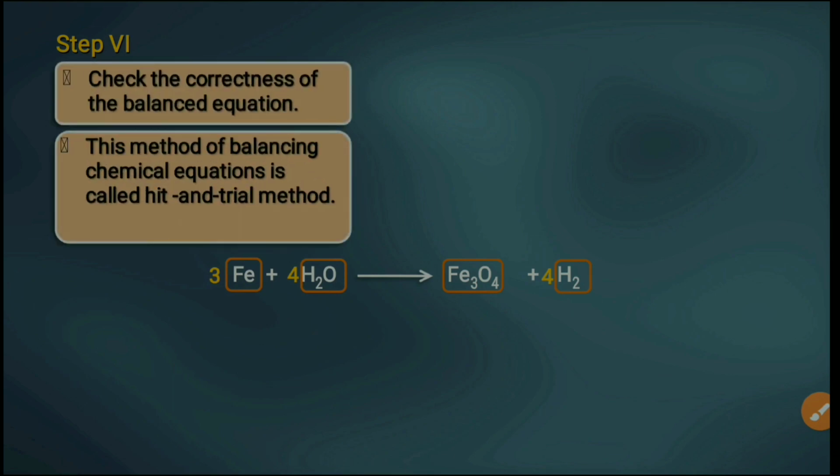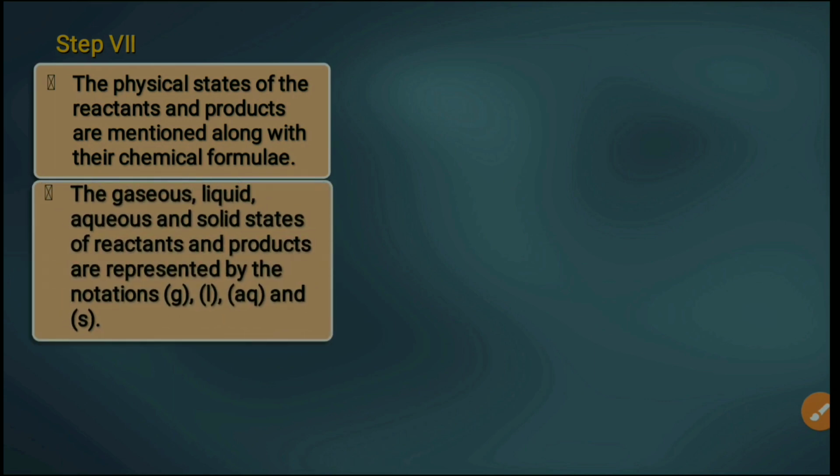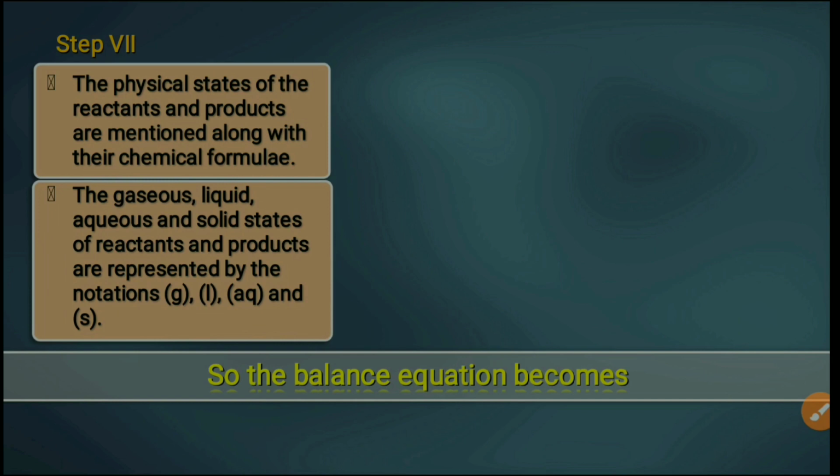Whatever this type of balancing is, it is called the hit and trial method. Step 7. The physical states of reactants and products are mentioned, whether it is gaseous or solid, we have to represent that. I hope this equation is clear.